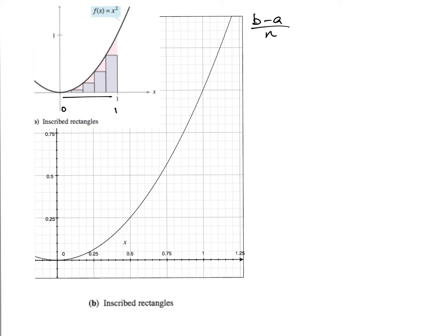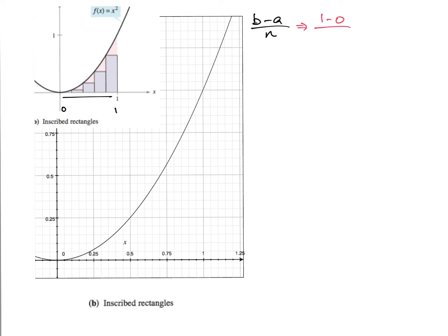So what's my B? Where am I going? How far am I going? 1. I'm going to go to 1. Minus, where am I starting? 0. Now, this one's a little tricky. How many rectangles do I have here? Somebody said it. I have 5. I only see 4.